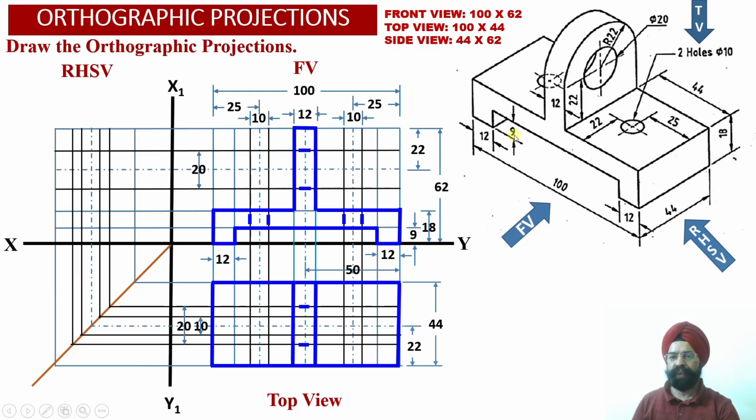Whereas these two holes which are carried by the horizontal web will be visible to the observer as true shape projections, since this slot will be parallel to the horizontal plane. So we are going to obtain true shape projections corresponding to these two circular holes having diameter equal to 10 millimeter.